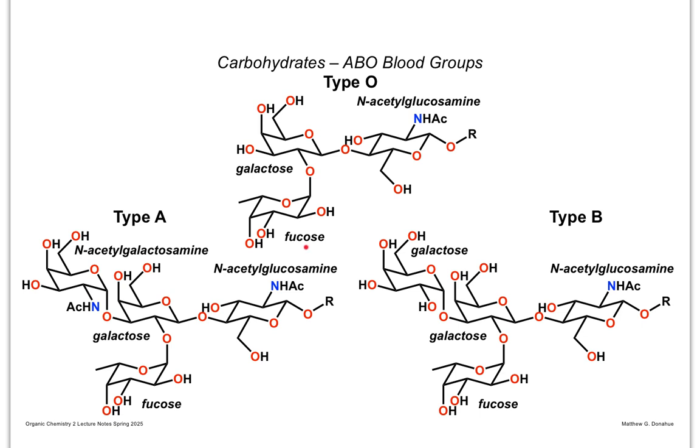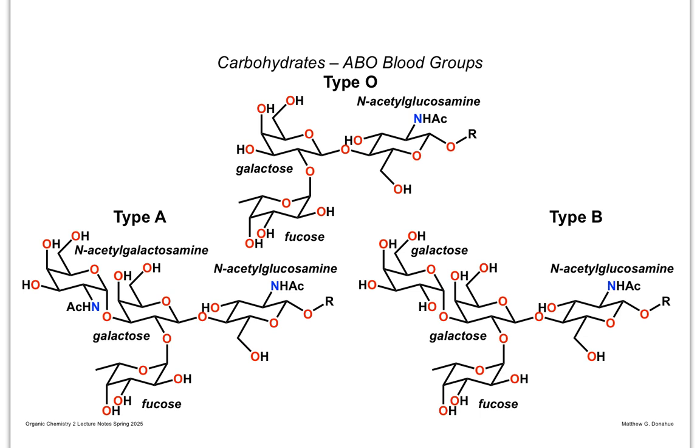This one to the bottom is called fucose. And this one over here is called N-acetyl. So N means nitrogen, acetyl just means it's an amide, and then it says glucosamine. It ends with that suffix amine because one of the alcohols has been substituted for a nitrogen.